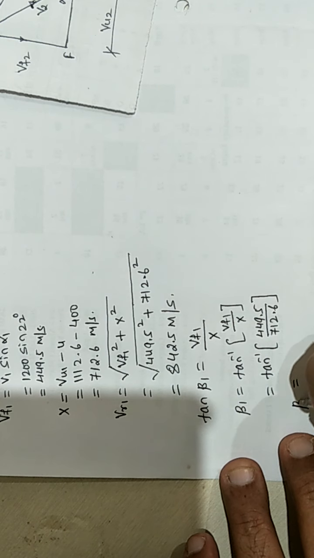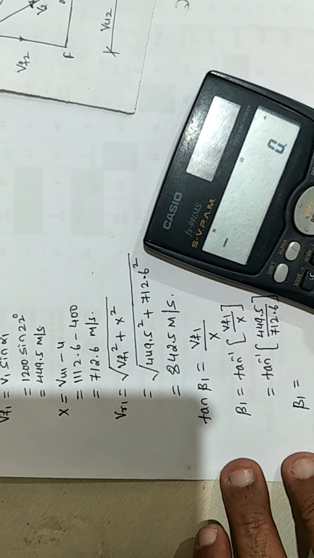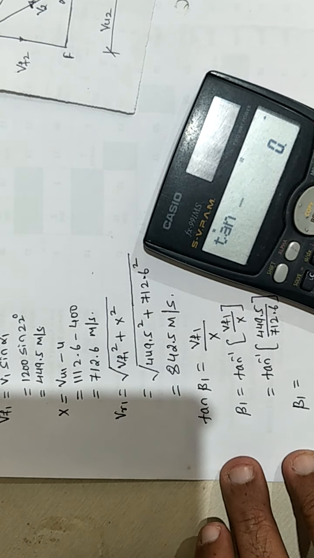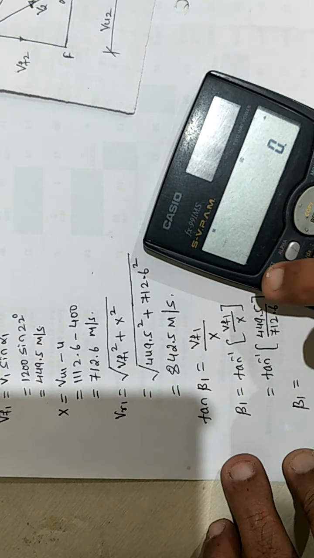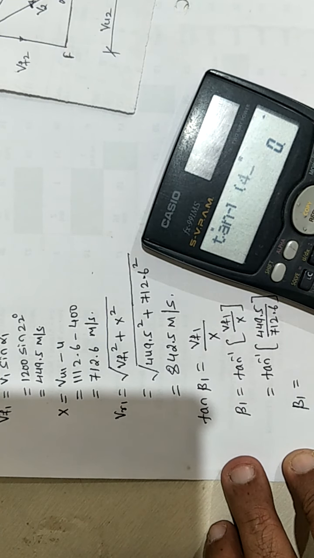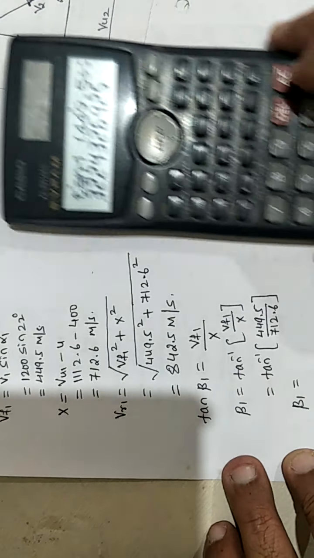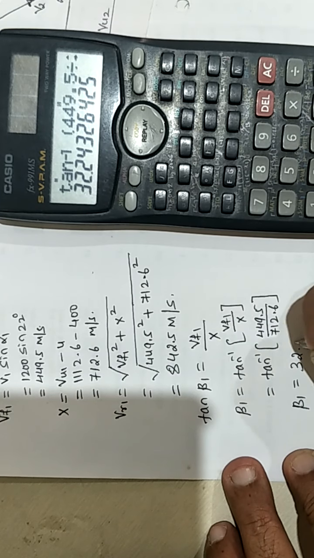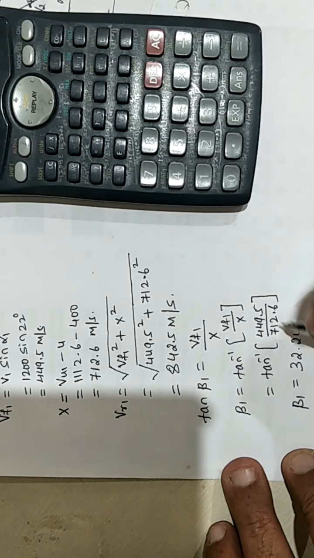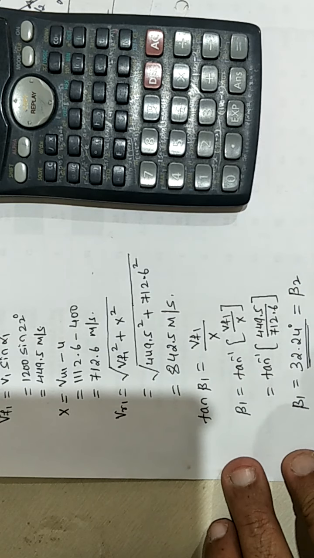I'll calculate this using the calculator. tan inverse of, in brackets, 449.5 divided by 712.6, bracket close. So you'll get 32.24 degrees.